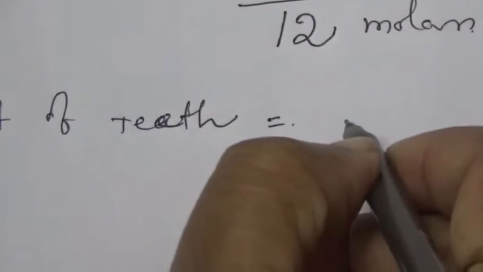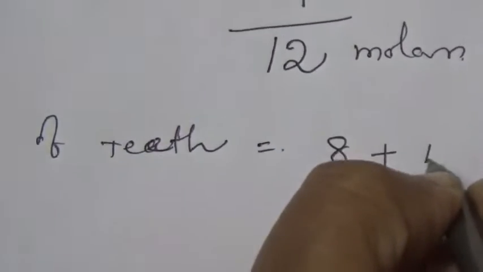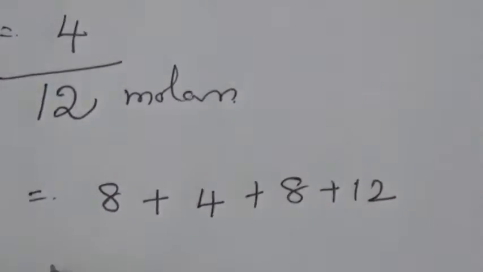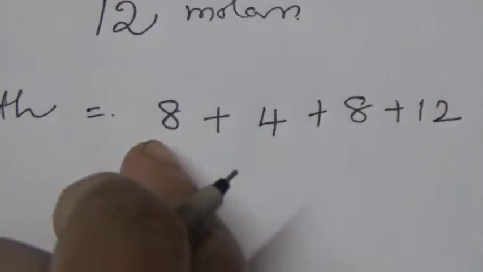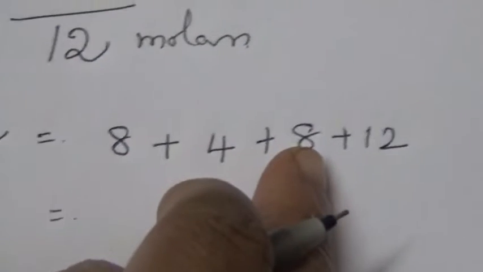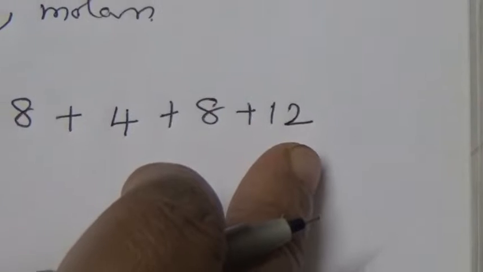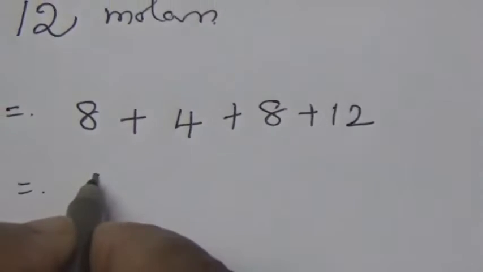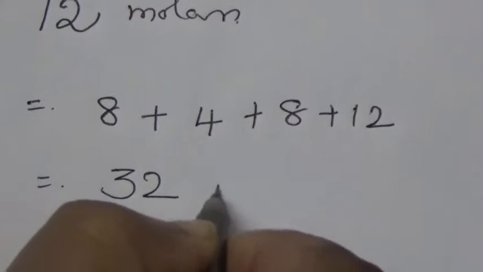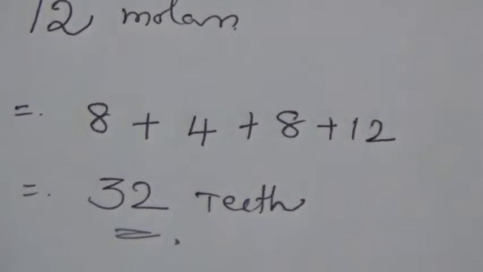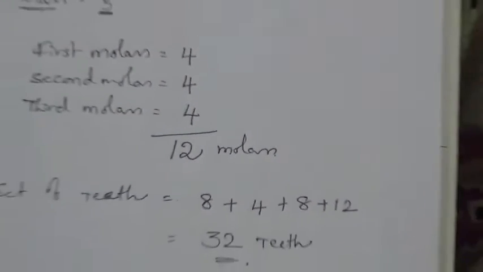Set of teeth, that is 8 plus 4 plus 8 plus 12. So 8 plus 4 is 12, 12 plus 8 is 20, 20 plus 12 is 32 teeth. Okay, it is the solution for the first do this.